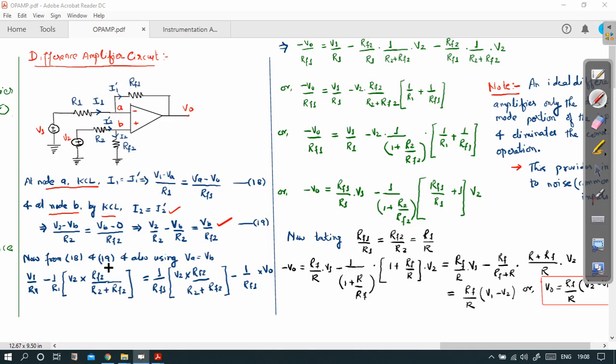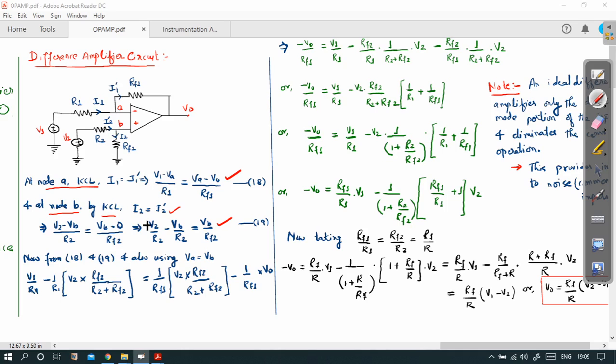Now from equations 18 and 19, we use the concept of virtual ground in the case of an op-amp. We know that the voltage at node A would be equal to the voltage at node B, and this is what the virtual ground concept says.